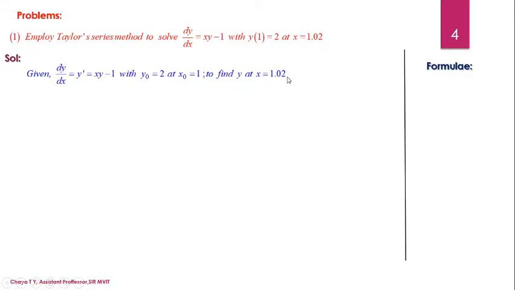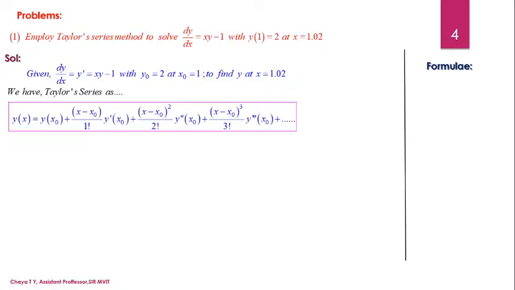First, we write the Taylor series expansion for the given problem. So this is our Taylor series expansion. Now we will find the required terms to be substituted into the RHS of the expansion. We consider the Taylor series expansion as equation 1. Then consider the given differential equation, y dash is equal to xy minus 1.